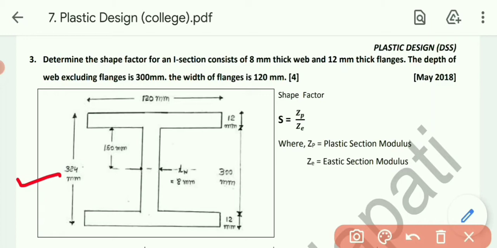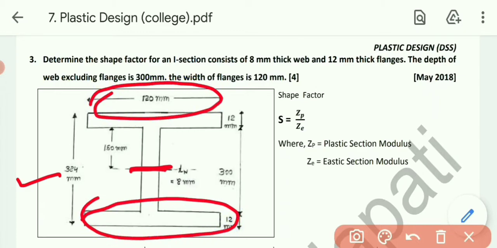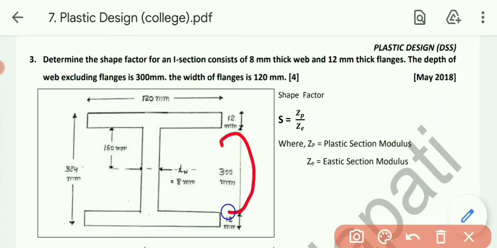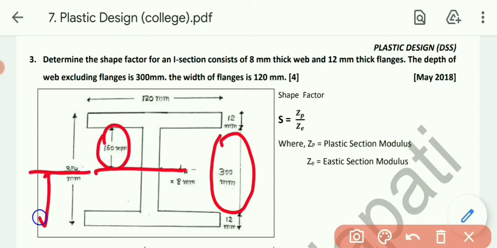Now let's understand the basic criteria. See, CG will be obviously at the center as a symmetrical I section is there. At the top and bottom both flanges are same, so the I section is a symmetrical section, so CG will be at the center. Say depth of web is 300, so this will be at the center, that is 150. Whole CG of the I section, that will be, we can say, overall depth, that is 324, so 324 by 2, so ultimately it will be 162.